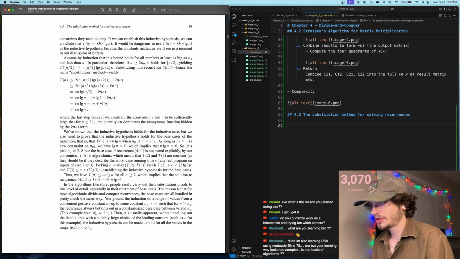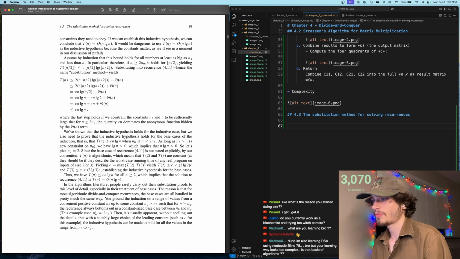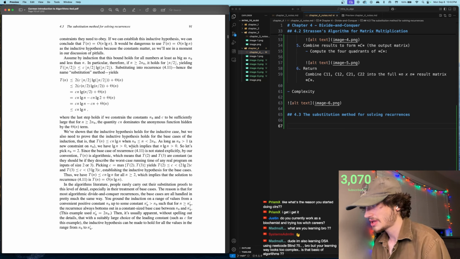In the algorithms literature, people rarely carry out their substitution proofs to this level of detail, especially in their treatment of base cases. The reason is that for most algorithmic divide and conquer recurrences, the base cases are all handled in pretty much the same way.